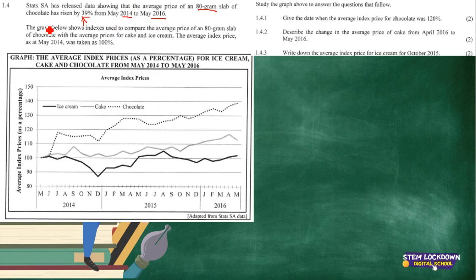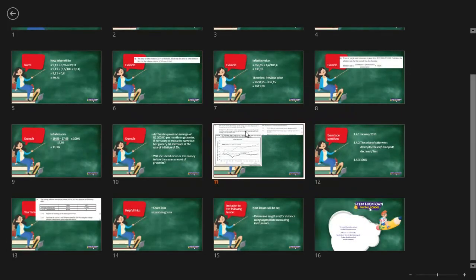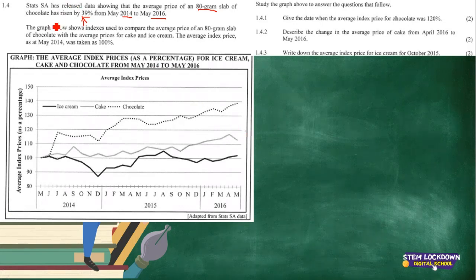Okay, the graph below shows indices used to compare the average price of an 80-gram slab of chocolate with the average price of cake and ice cream. So these are the goodies. I'm sure ladies love chocolate, they love cake, they love ice cream.